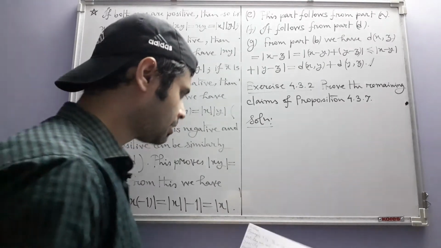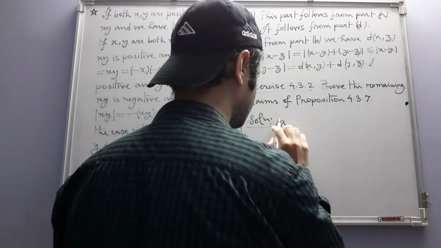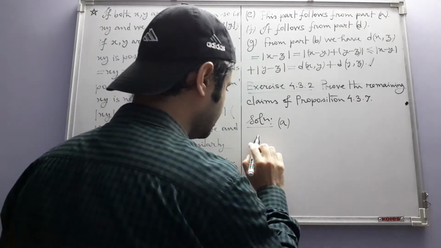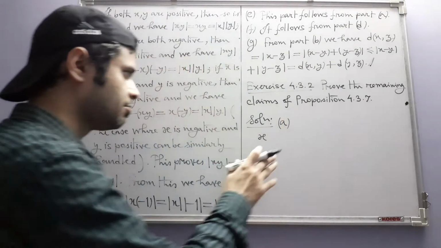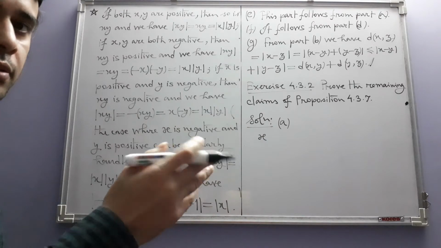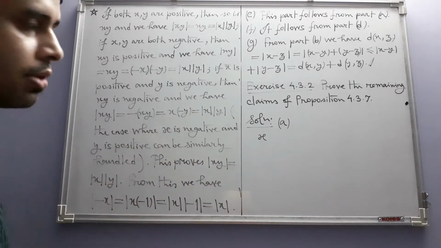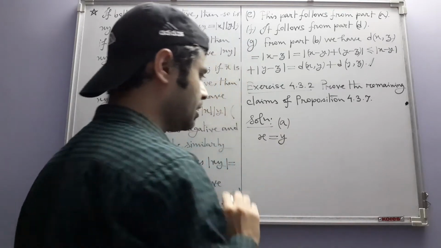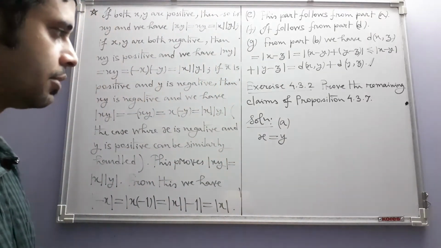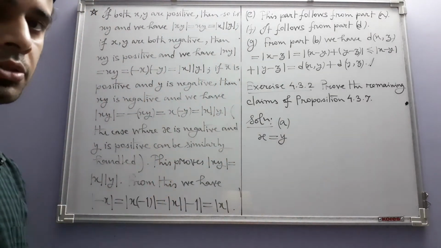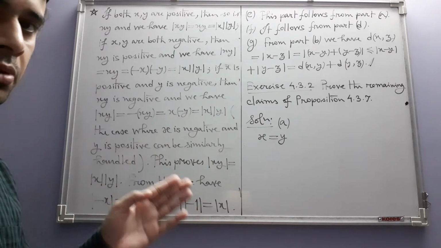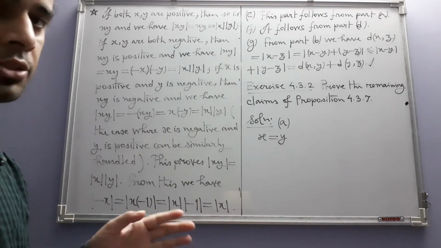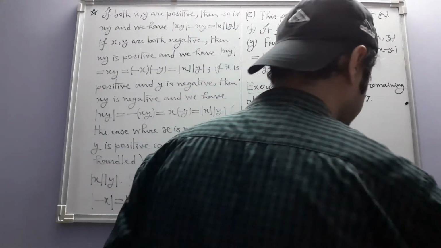So the first part is part A. Here we have to prove that if x, here also we start with three rational numbers x, y and z. If x is equal to y, then x is epsilon close to y for every positive rational epsilon, and conversely. That's what we have to prove here.